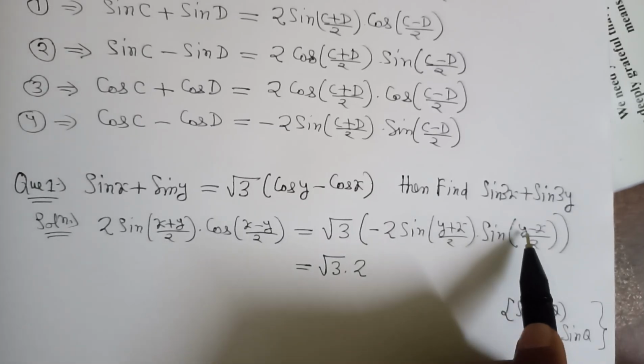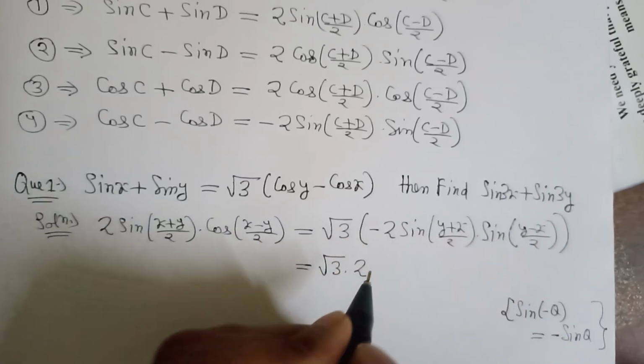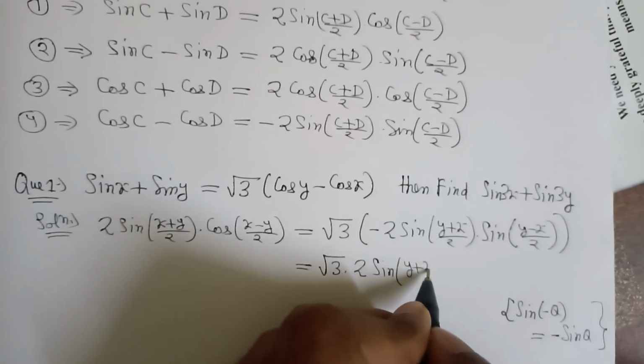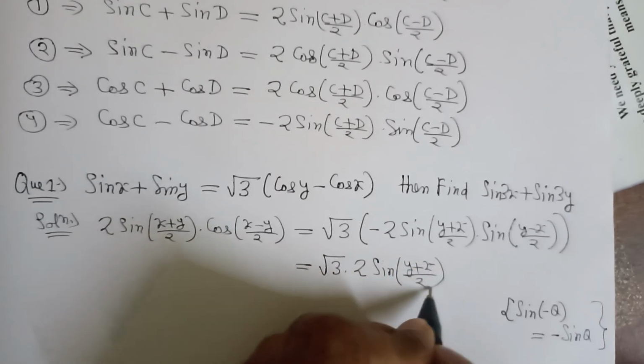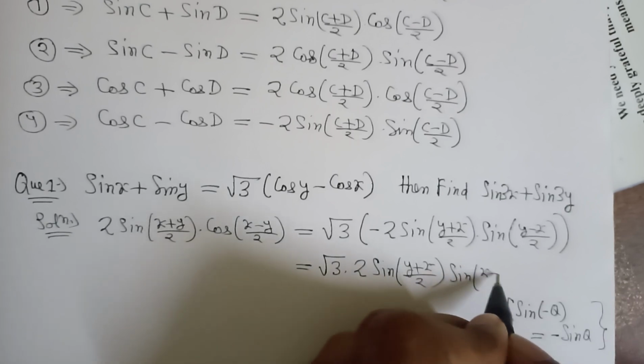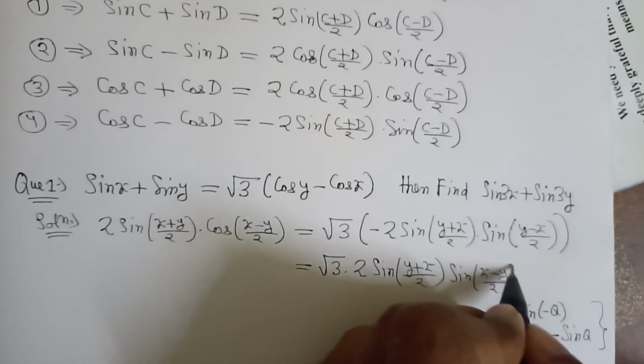So when you take the negative sign common, the negatives cancel and you get sin((y+x)/2) sin((x-y)/2).